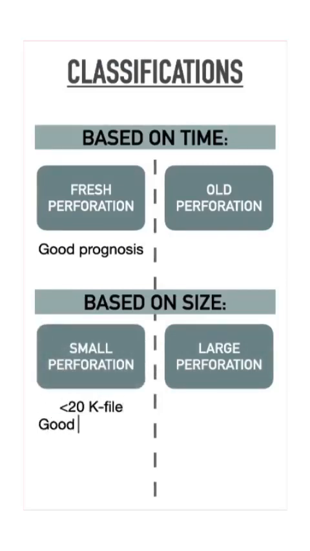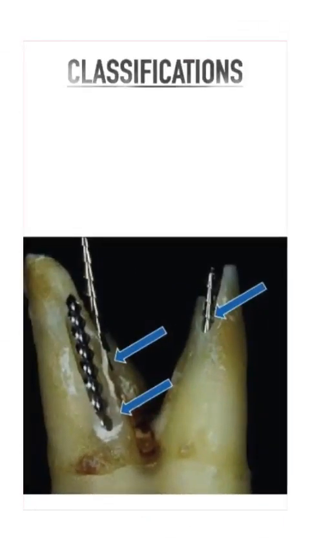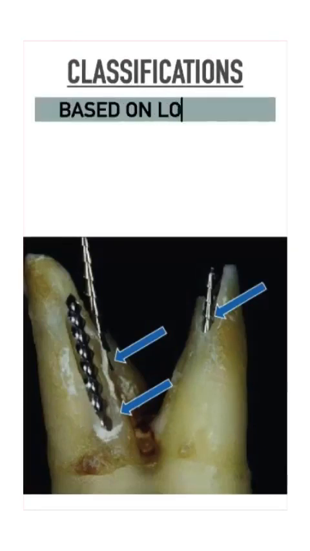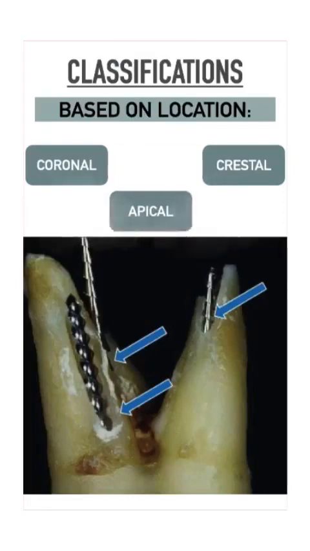And especially when we have a perforation that is less than a 20K file size, it could lead to a better prognosis. And it could be classified based on the location of the perforation. It could be in the crestal zone or the coronal zone or apically.